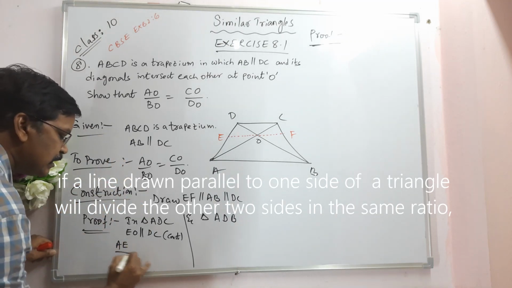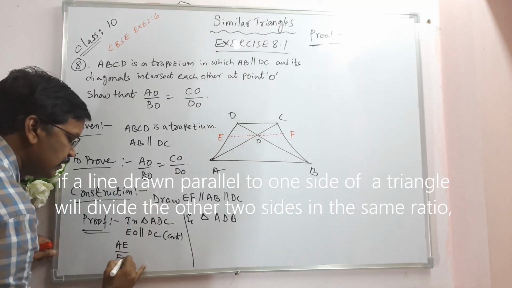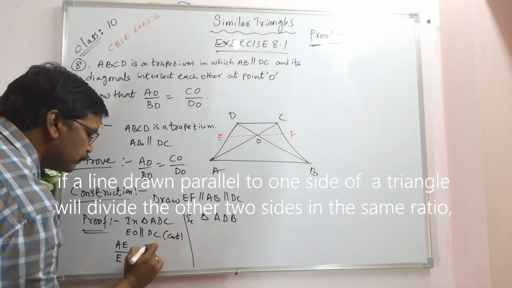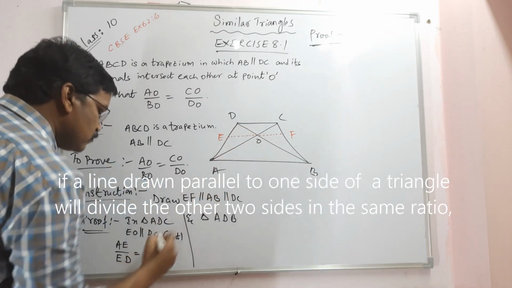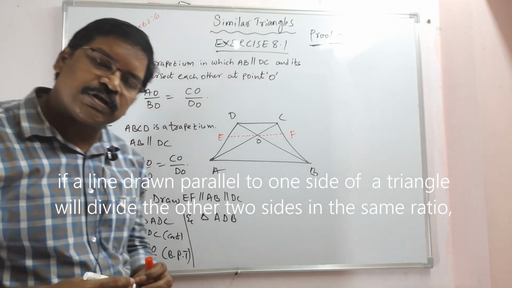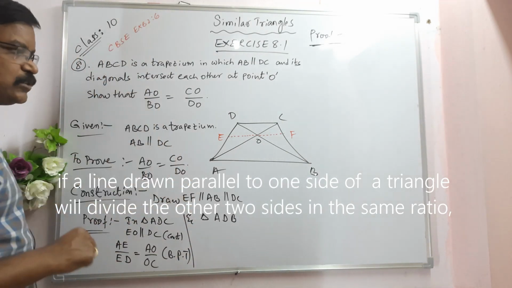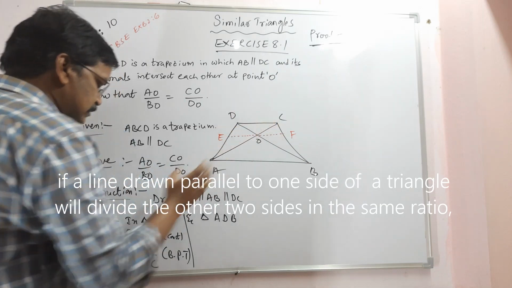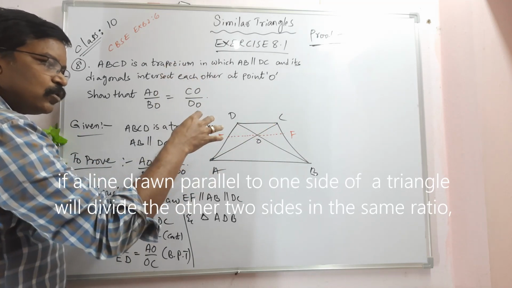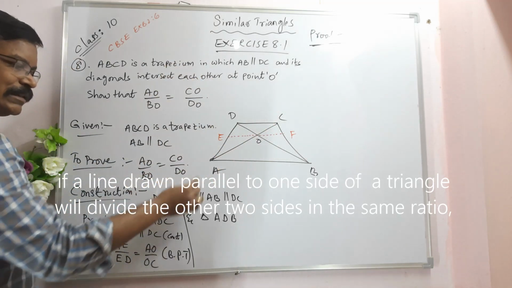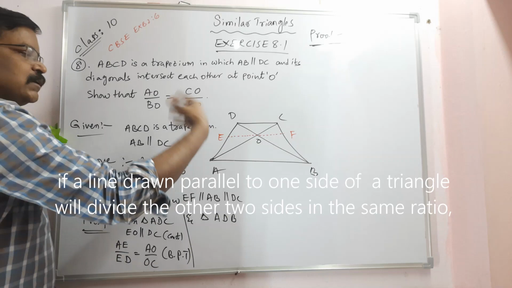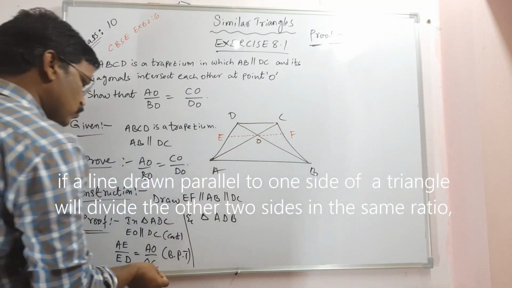That means AE by ED is equal to AO by OC. Why? Basic proportionality theorem, the main theorem. Let me repeat. In triangle ADC, EO is parallel to DC. Therefore, according to the basic proportionality theorem, AE by ED is equal to AO by OC.